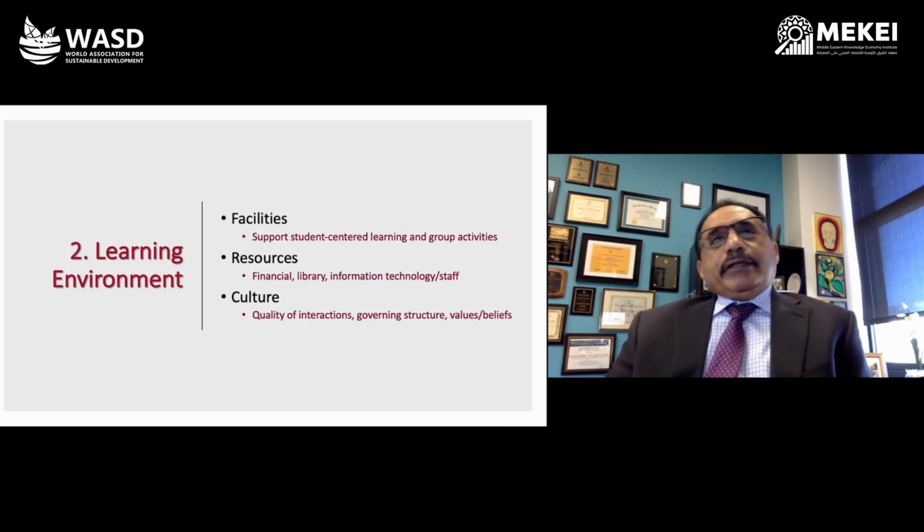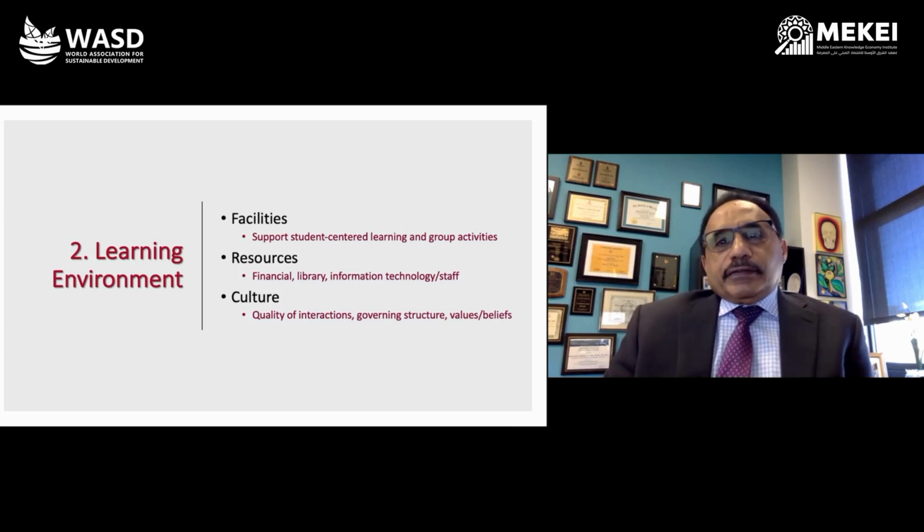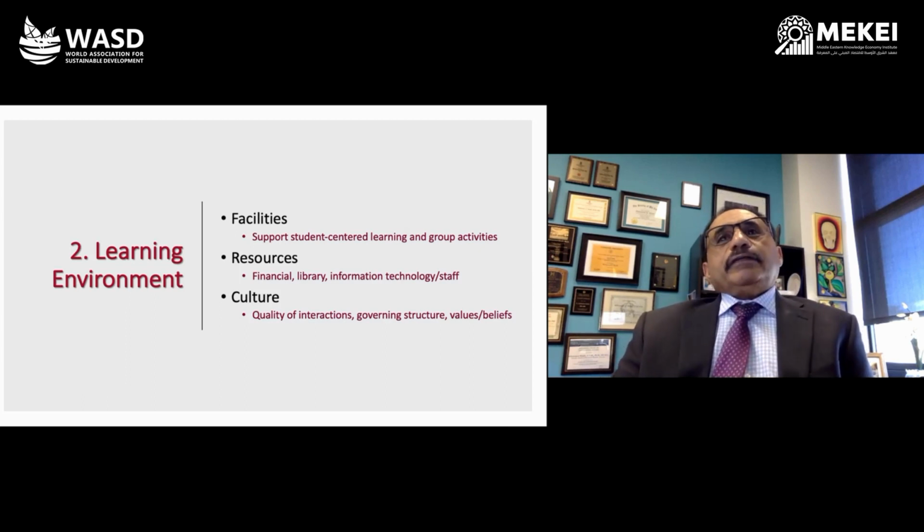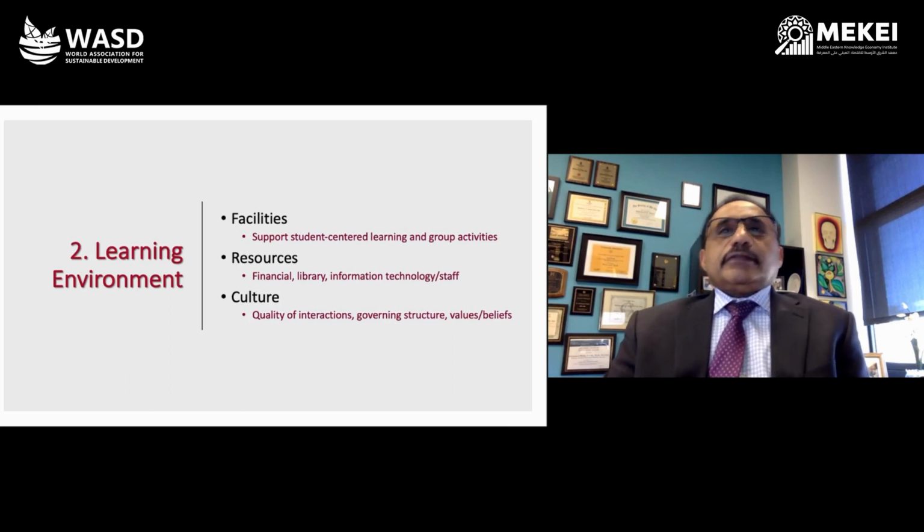So what does that mean? If the only thing your institution has is large lecture halls, it might be difficult to move from teacher-centered to learner-centered. The resources, in terms of financial support, the library, the information technology, and the information technology staff, are very important too.